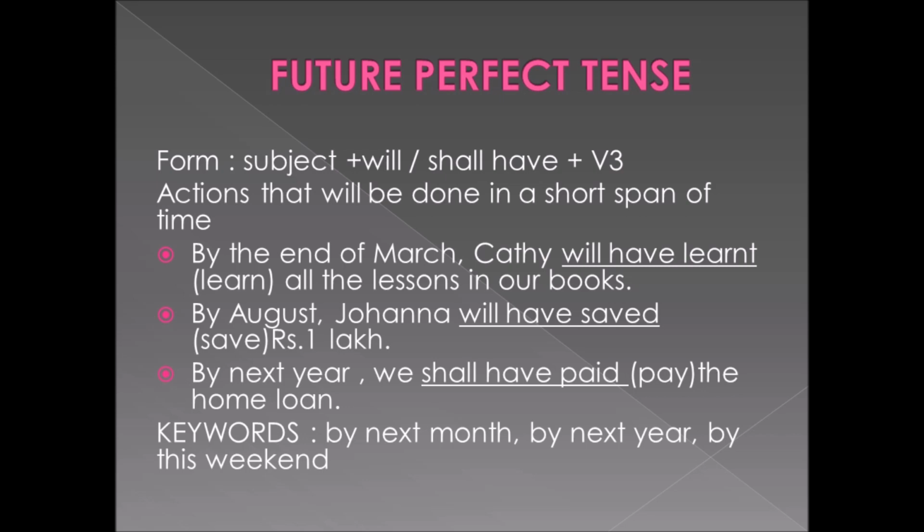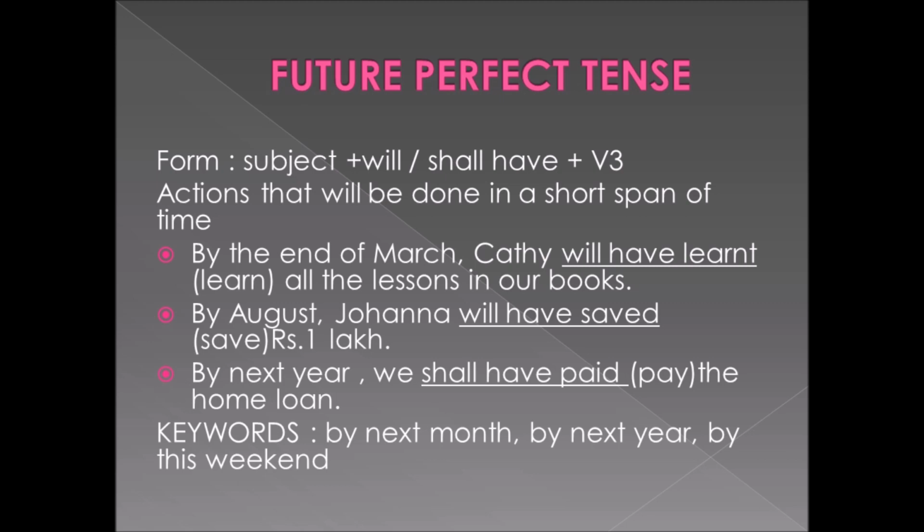For example, by the end of March, Kathy will have learnt all the lessons in our books. They are representing a particular time, that is the end of March. She will have learnt all the lessons in our books. That is will plus have plus V3, learn, learnt, learnt. The next sentence: by August, Johanna will have saved rupees 1 lakh.